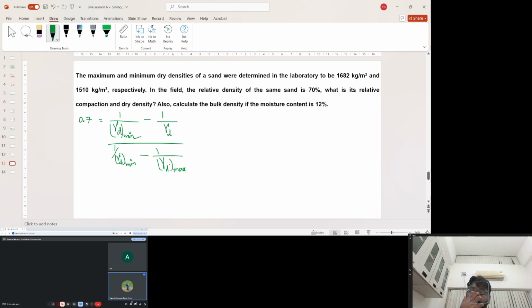Now we will get the gamma d achieved in the field. So 1 by gamma d minimum is 1 by 1510, minus 1 by gamma d, divided by 1 by 1510 minus 1 by 1682.